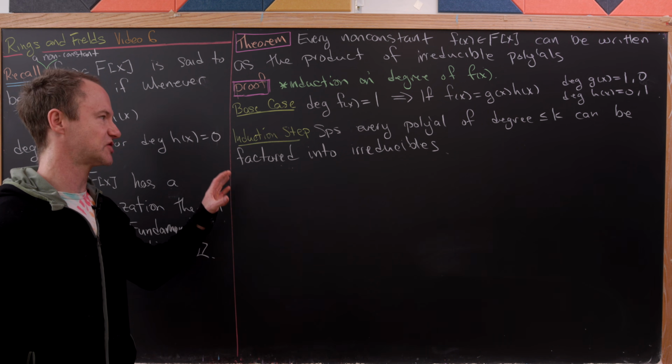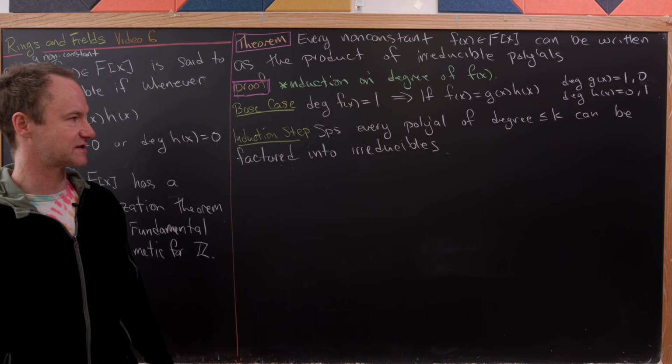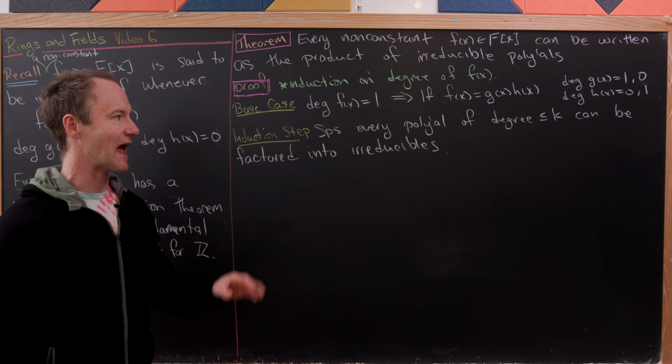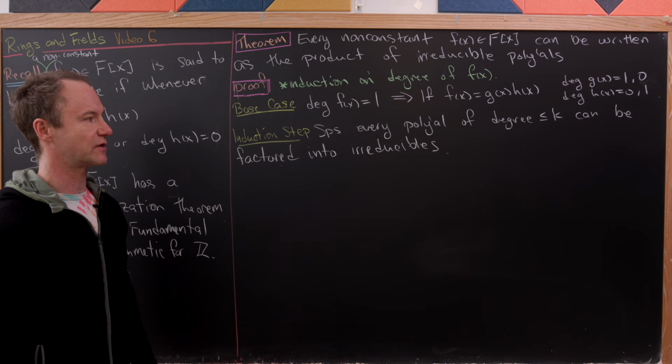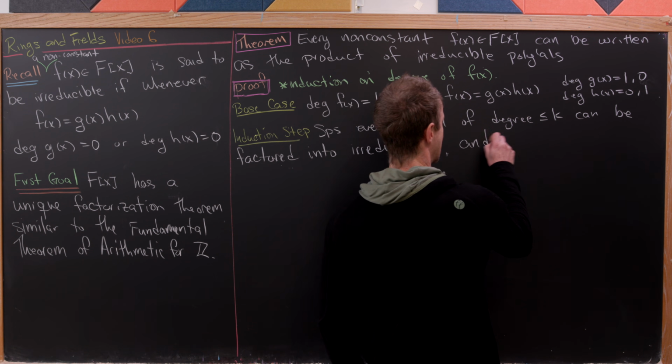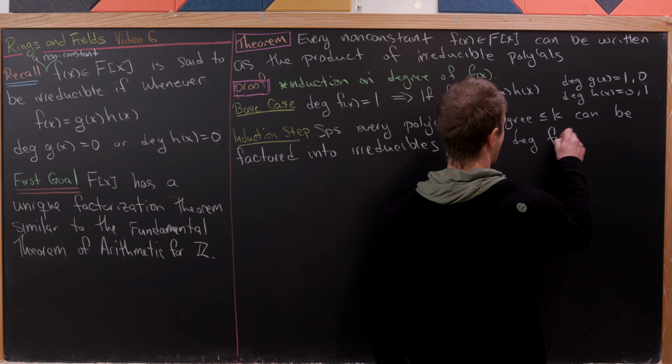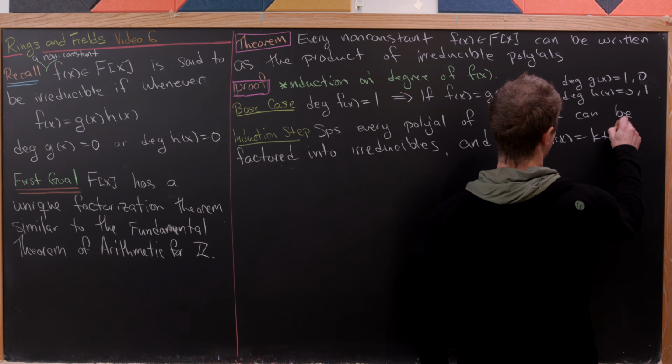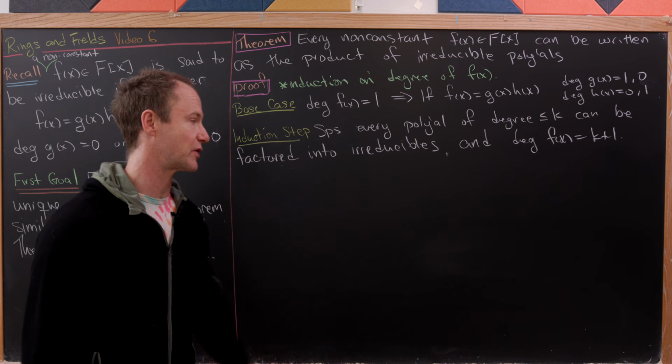Now let's do the induction step, starting with the induction hypothesis. So let's suppose that every polynomial of degree less than or equal to k can be factored into irreducibles, and the degree of f of x is equal to k plus 1. So this is actually going to be pretty quick.